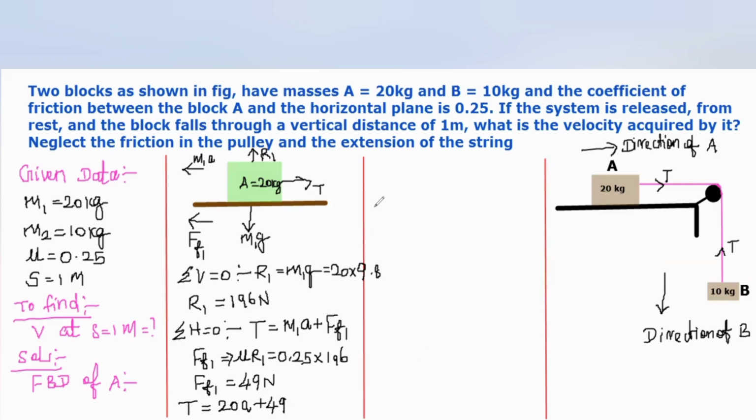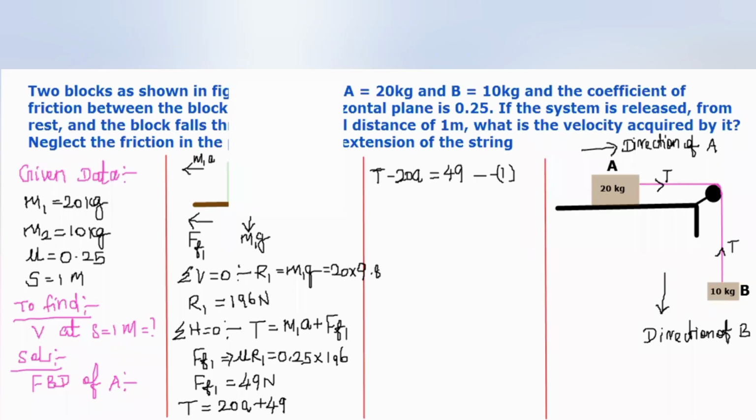By rearranging this, we can write T minus 20A equals 49. So this is the first equation. Now we are going to draw the free body diagram of the second object.